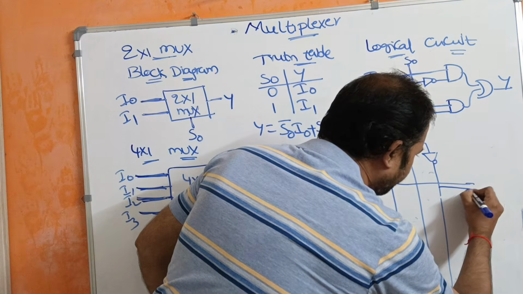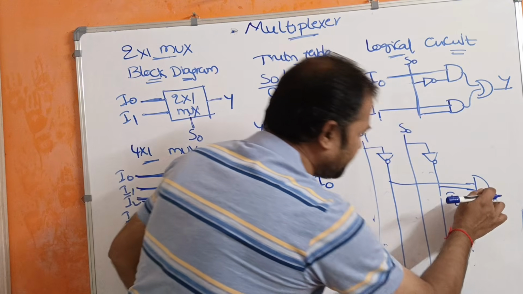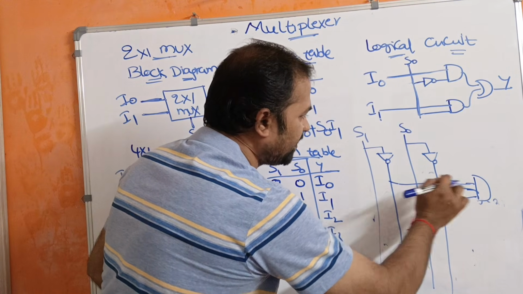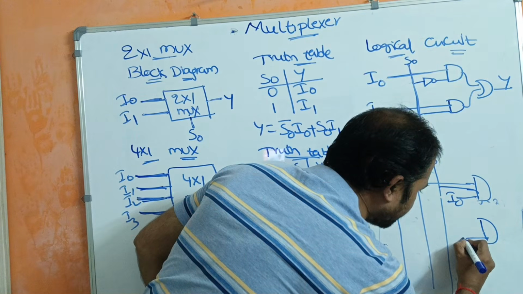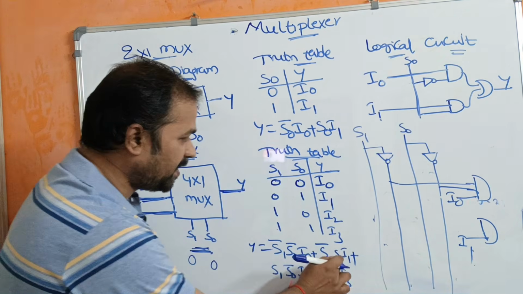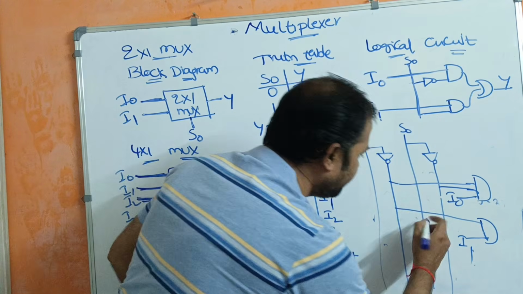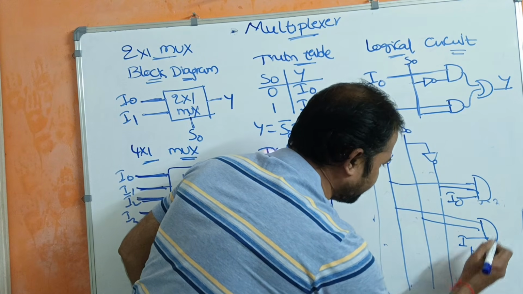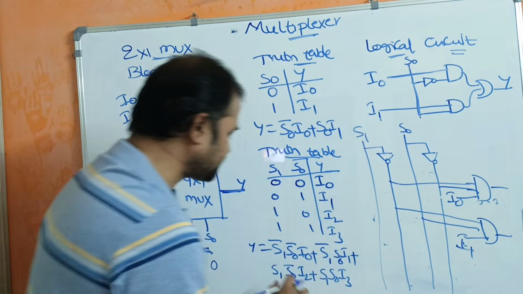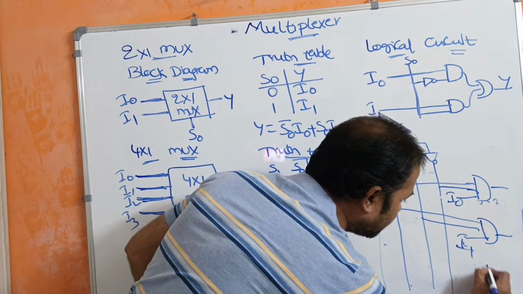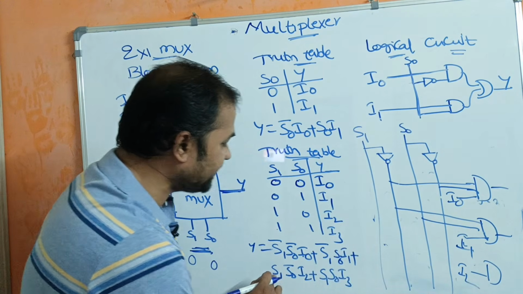And the next term is I0. The first AND gate receives input from S1 bar, S0 bar and I0. The second AND gate receives input from I1, S1 bar and S0. S1 bar means this NOT gate output, whereas S0 means directly this line. Next, the third AND gate receives input from I2, S1 and S0 bar.